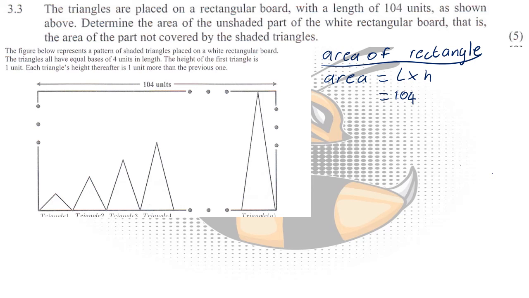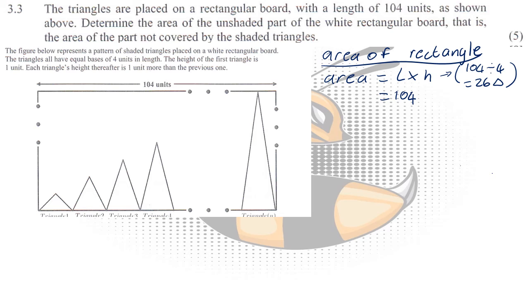We know each triangle that we fit in will have a base of 4. So for the height, we know that 104 divided by 4 tells me that 26 triangles are on this board, and the highest triangle would be triangle number 26.